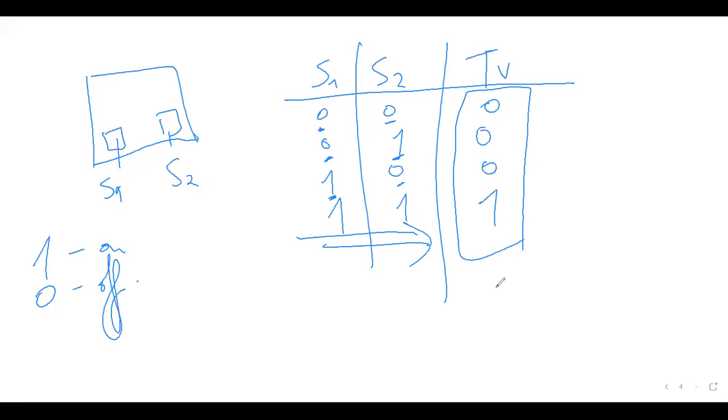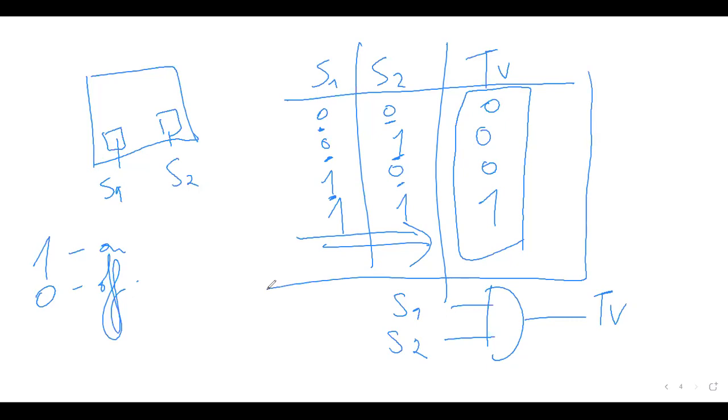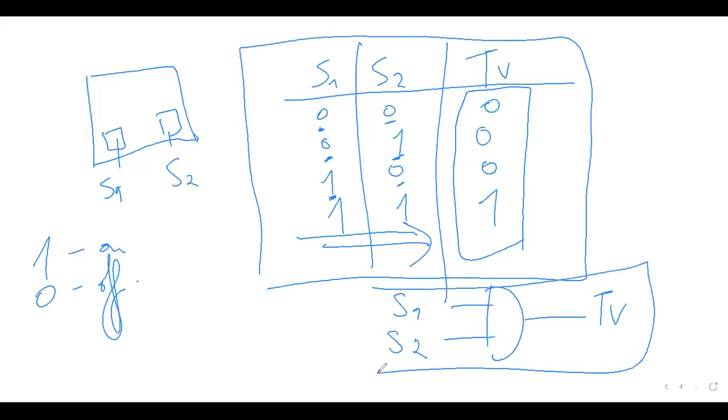This is an AND gate. It is like this: S1, S2, our TV. This whole part we just did can be summarized by this circuit.